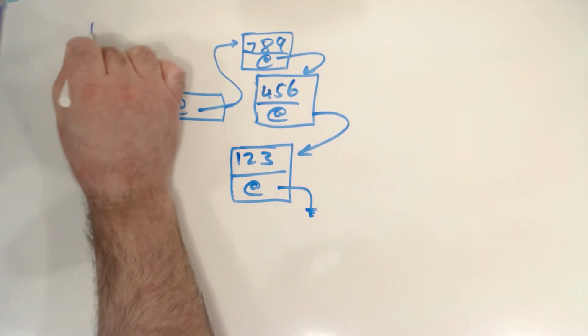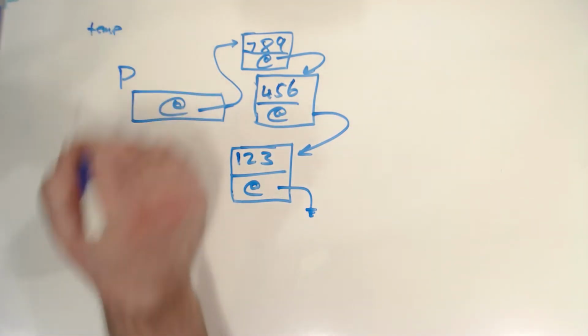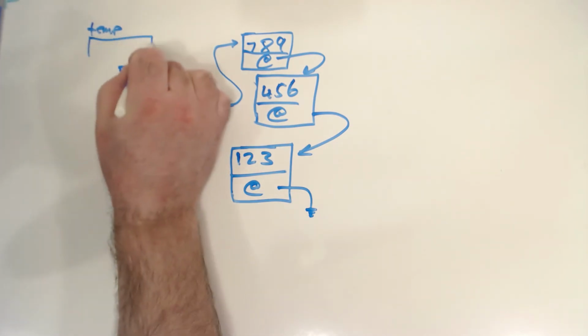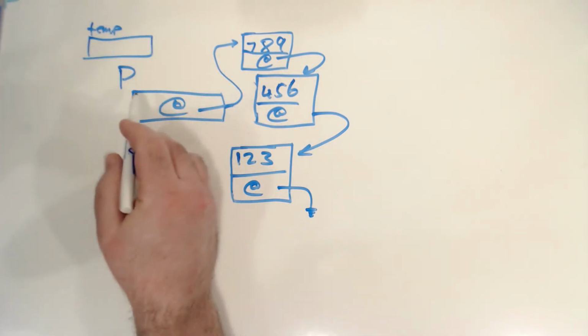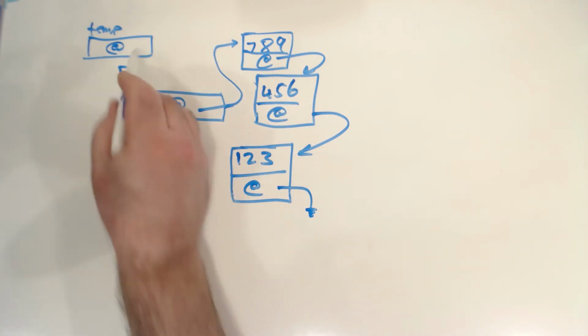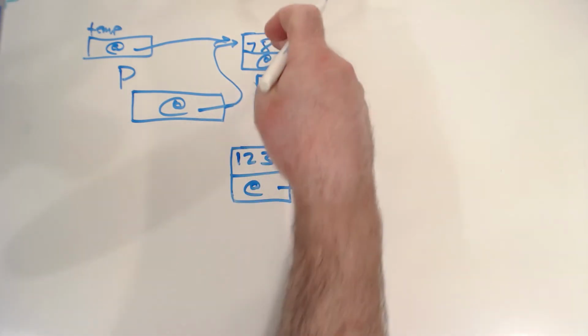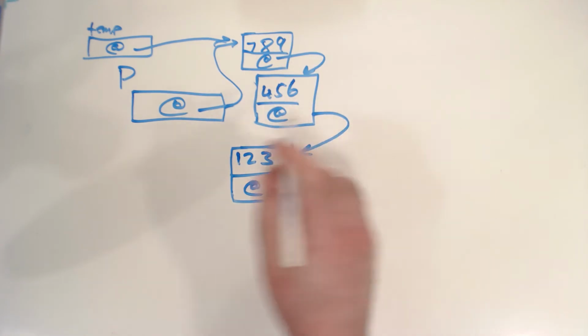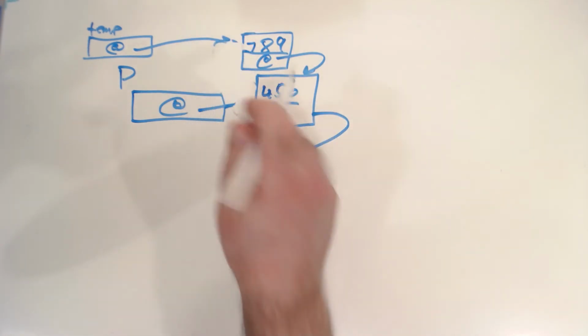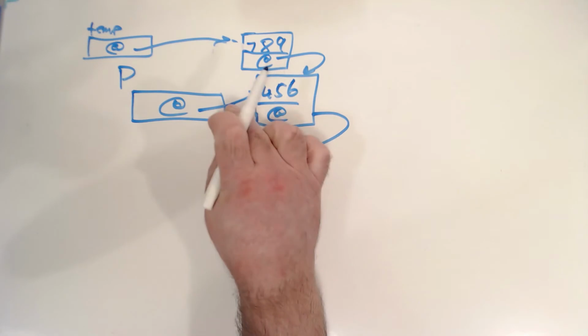So what happens then to our data structure here? Well, what we've got is this temp variable that we've added, right? We've assigned it the value of P, so that means that it's going to point over to here because that's where P currently points. After that, we're going to say P equals P next. Well, P points to this guy, and there's the next pointer right there. So this is going to change to point to here. All right?